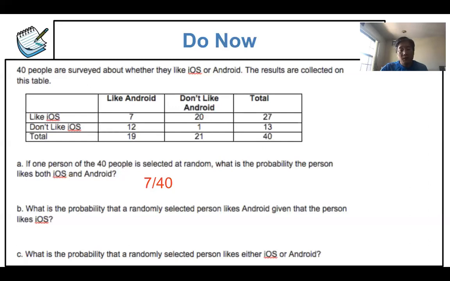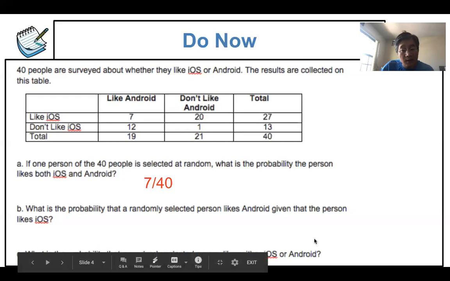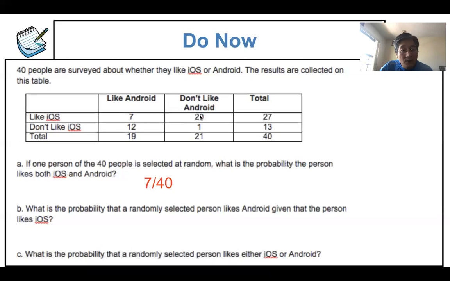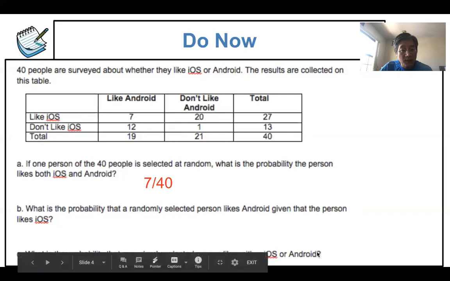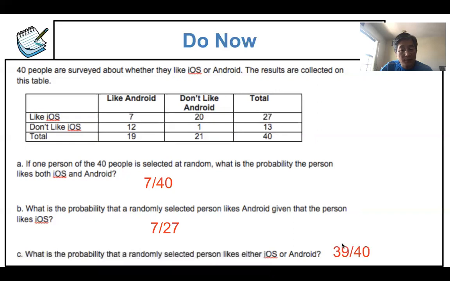This one, 7, yes. This one doesn't like Android, but likes iOS, yes. This one doesn't like iOS, but likes Android, so it's either, okay, but one is not. Except the one, all these three parts belong to this A union B. So 39 out of 40. Get it? Yes.